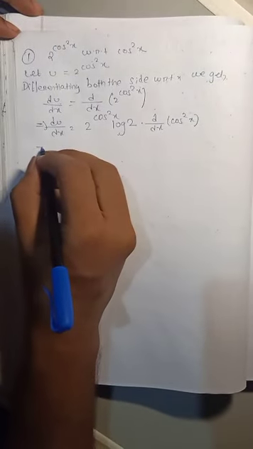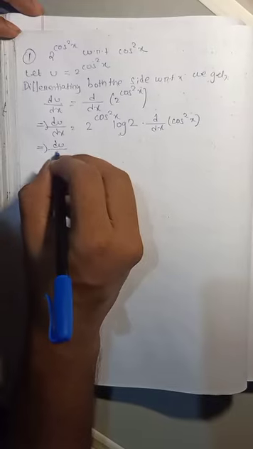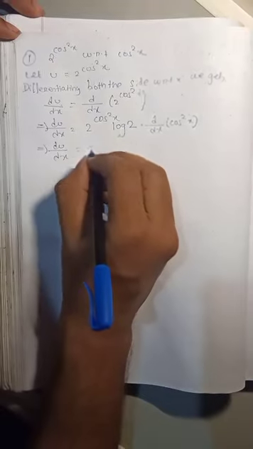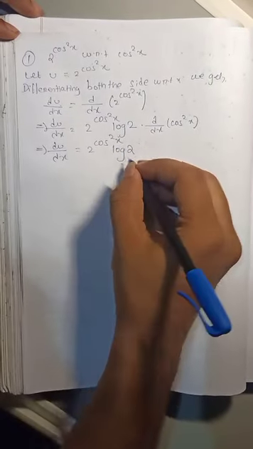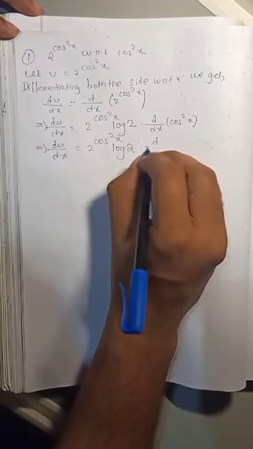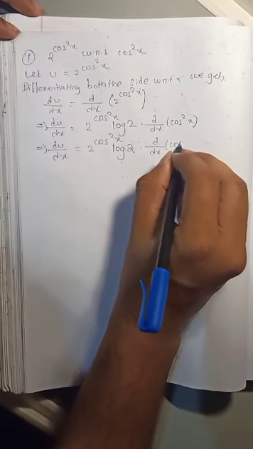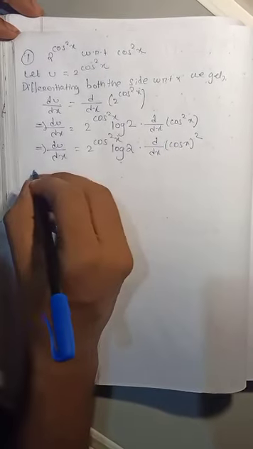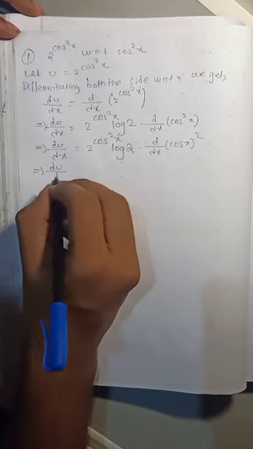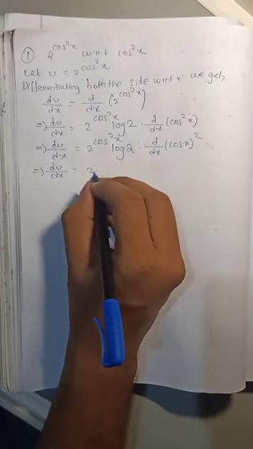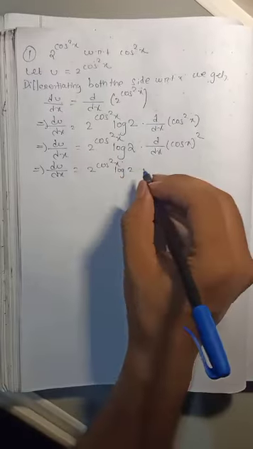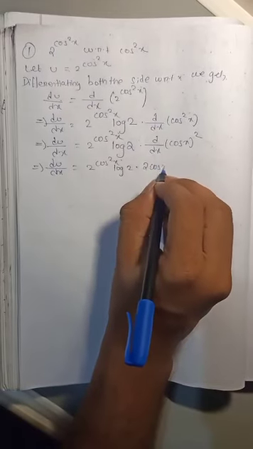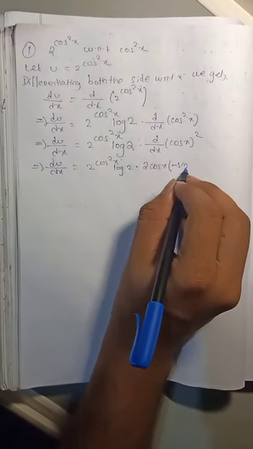du by dx is equal to 2 to the power cos square x log 2 into d by dx of (cos x) whole square. That is 2 to the power cos square x log 2 into 2 cos x, and the derivative of cos x is minus sin x.